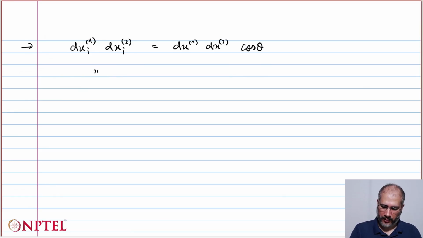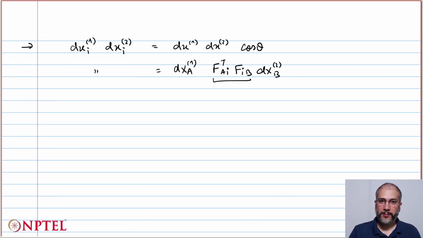And then I can also write this as d capital X A1 times F transpose times F times d capital X2B. So this is C. So from these two, what I find is that cos of theta is the ratio of these two quantities.